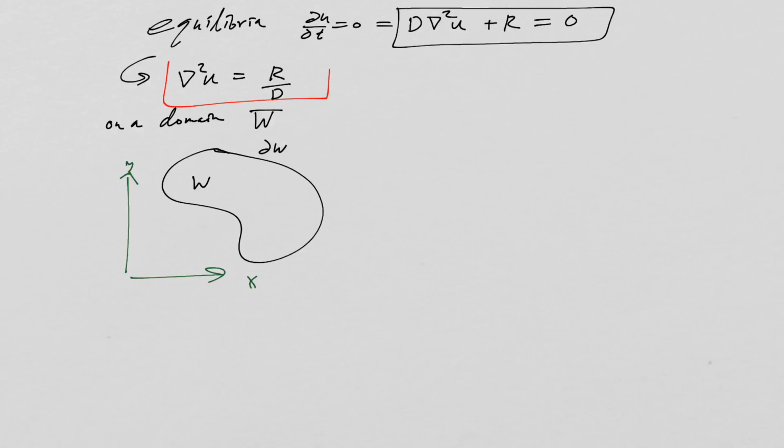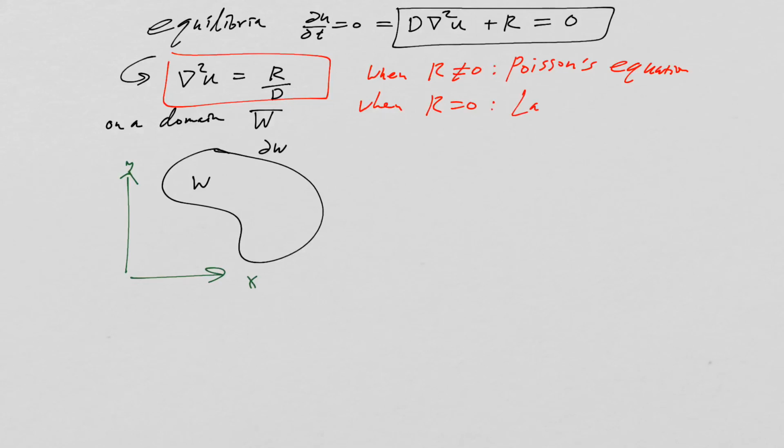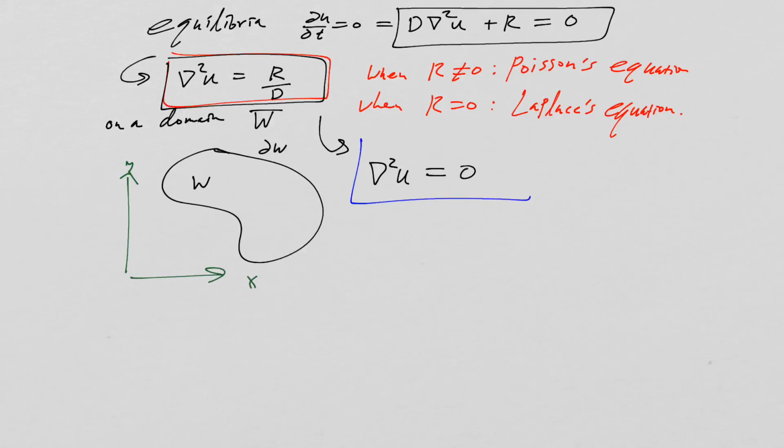So this equation here, when r is not equal to 0, they call it Poisson's equation. Okay, when r is equal to 0, we call it Laplace's equation. So in this video, we're going to talk more about Laplace's equation. That's Laplace's equation right there.